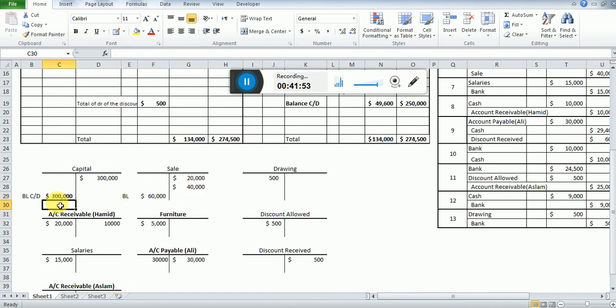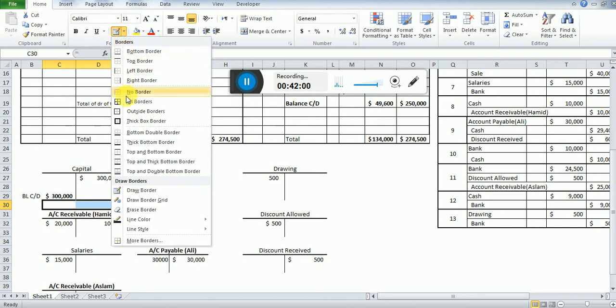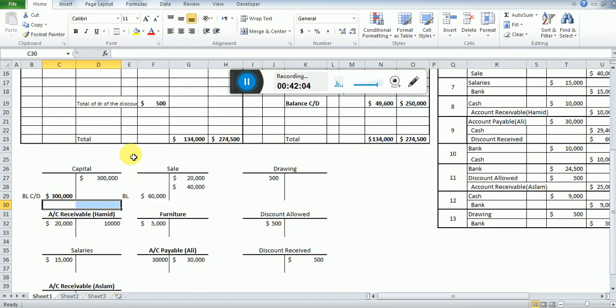And if you just want to know how much is the total, you can total both sides like this also. Look, in this way you can do it with all accounts.